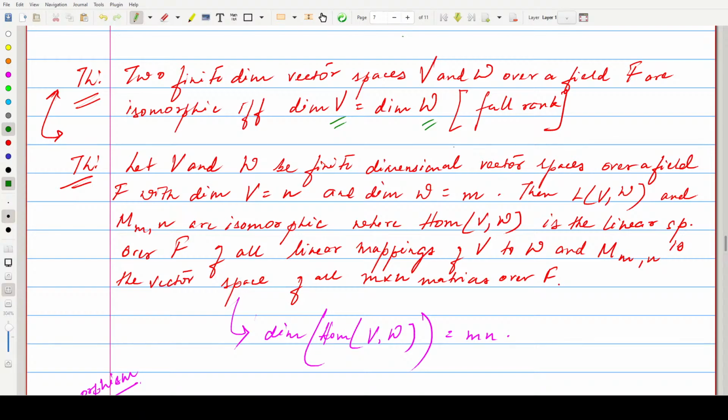It's a fancy way of saying that if you're taking a transformation with full rank, then we are getting something of full rank over here. So the dimension of all homomorphisms from V to W is the dimension of M_{m×n}, right?